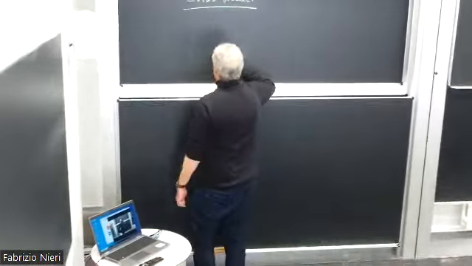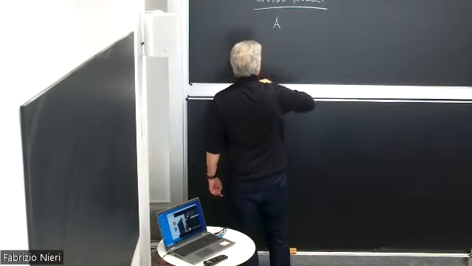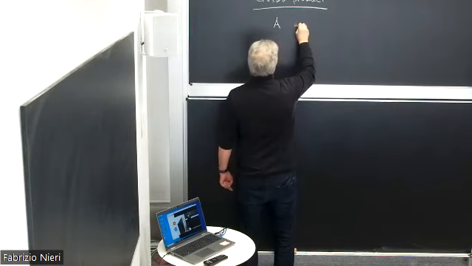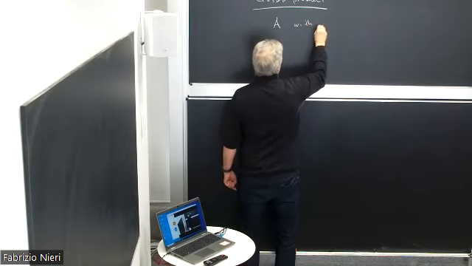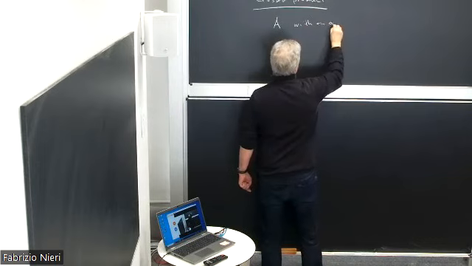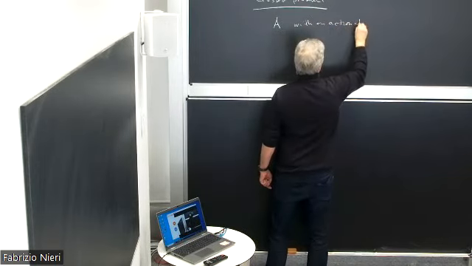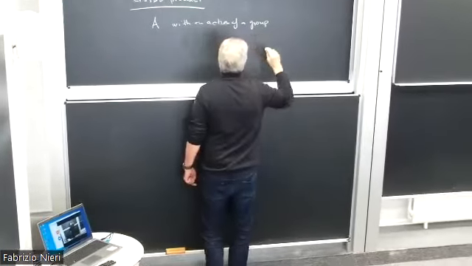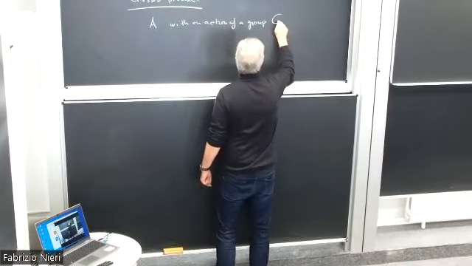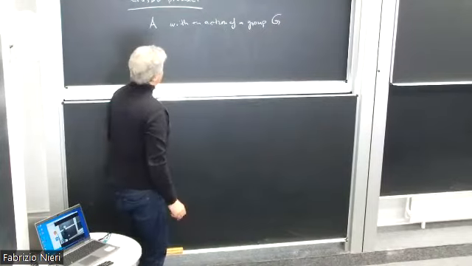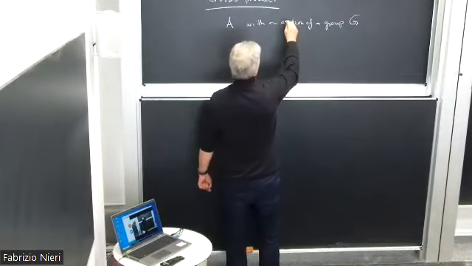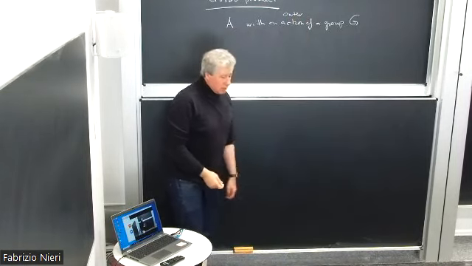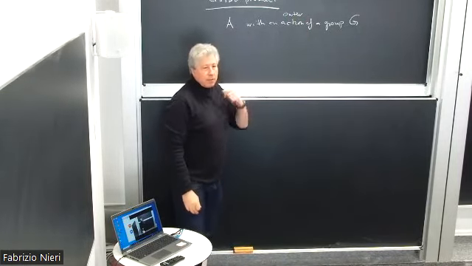So I'm going to assume now that I have an algebra with a group action, let's call it G, and I will need to think about it as an outer action in the sense that the group generators are not part of the algebra.